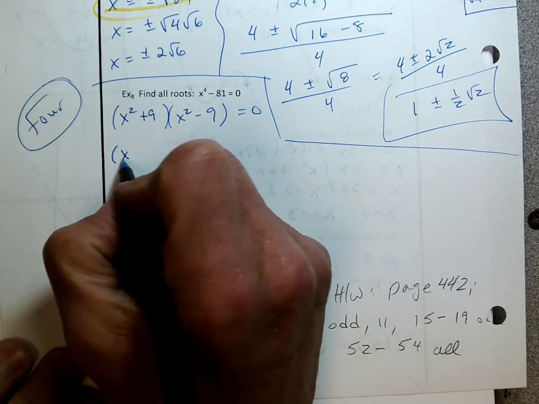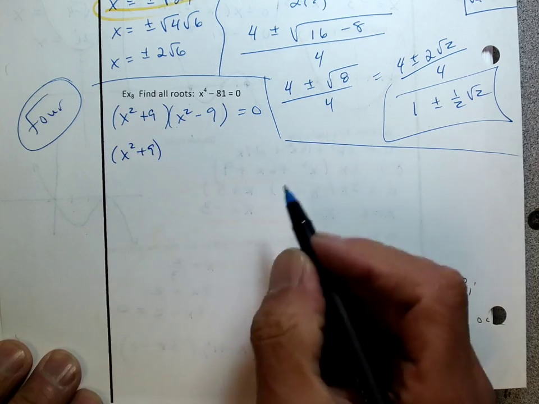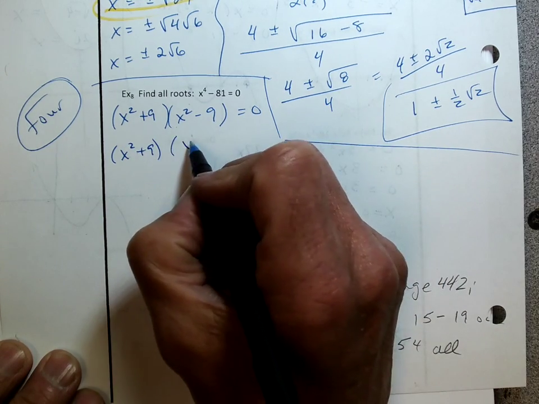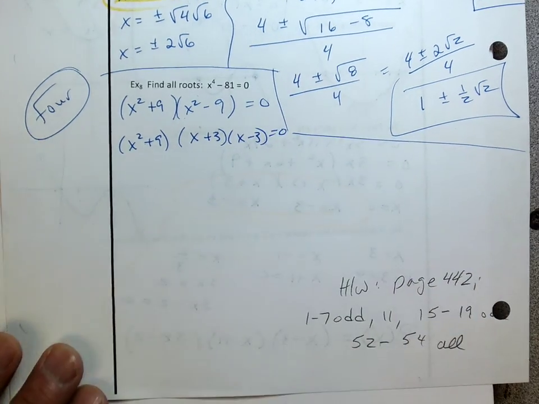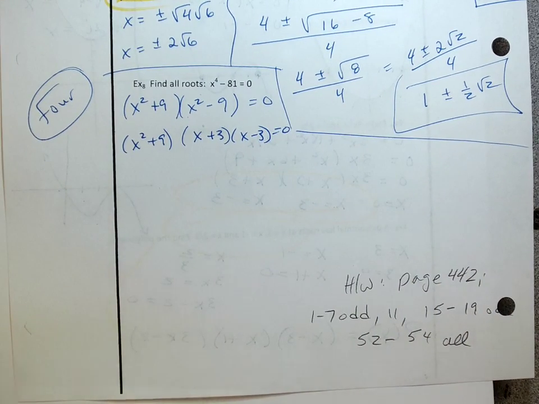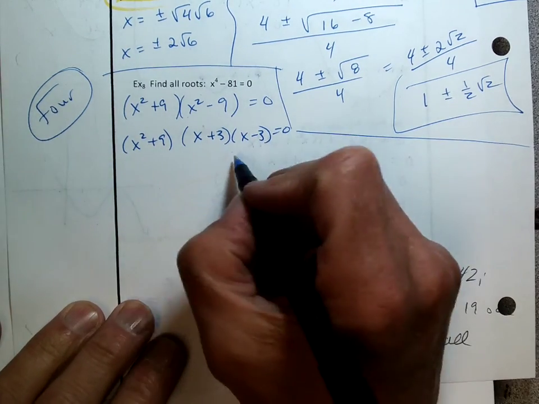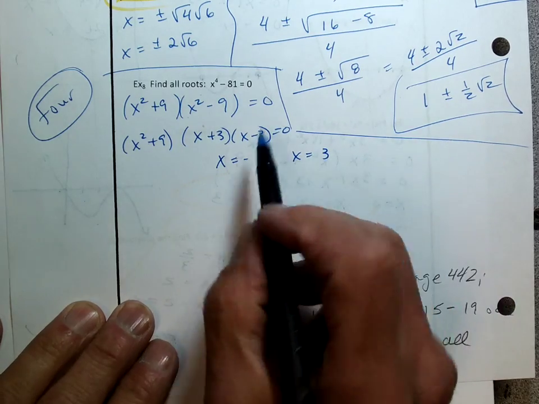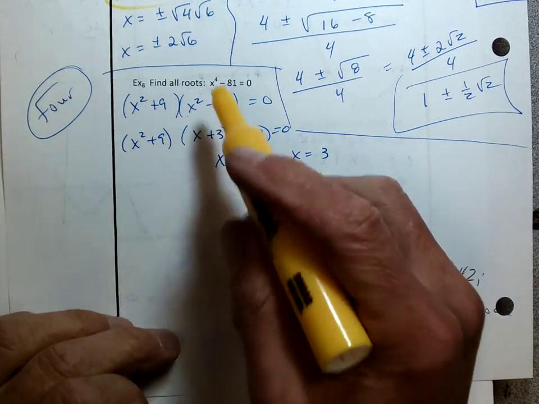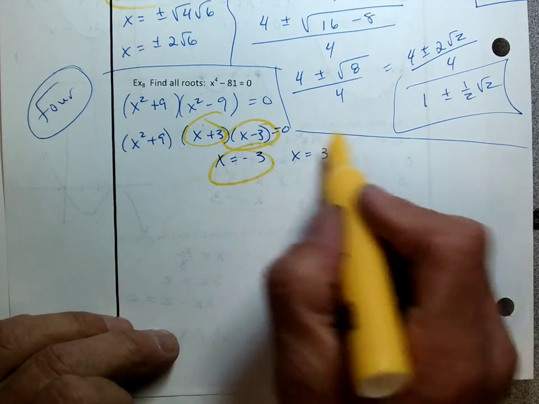So x squared plus 9 won't factor, but this will factor into x plus 3, x minus 3, okay? Well, I got 2 answers for sure, bam, right here. And x is going to equal negative 3 and x is going to equal positive 3, because I'm just taking these 2. That's it. I got 2 answers.